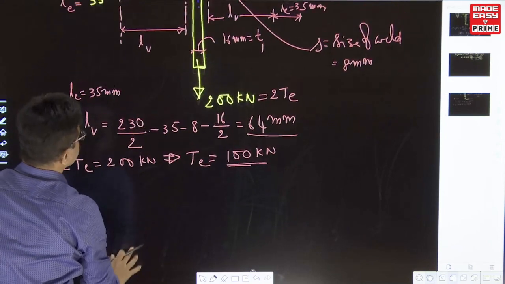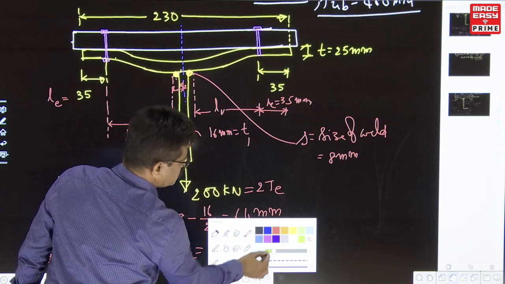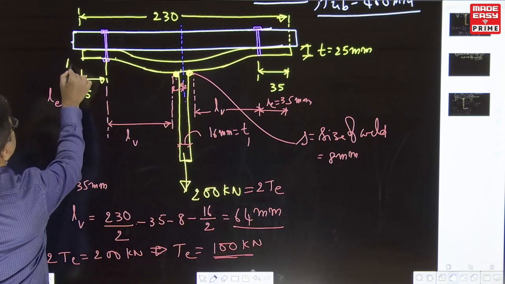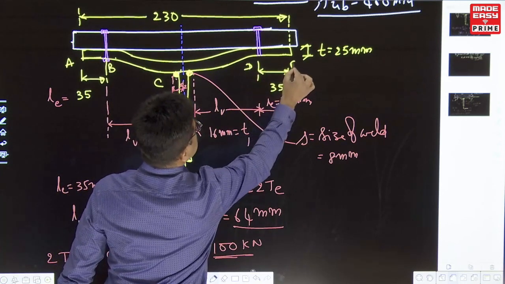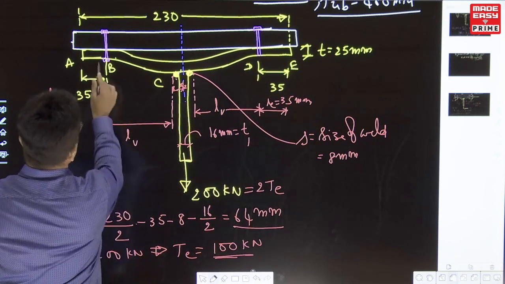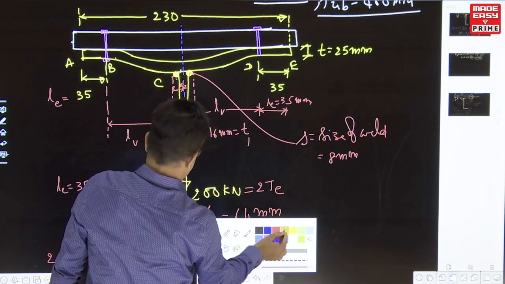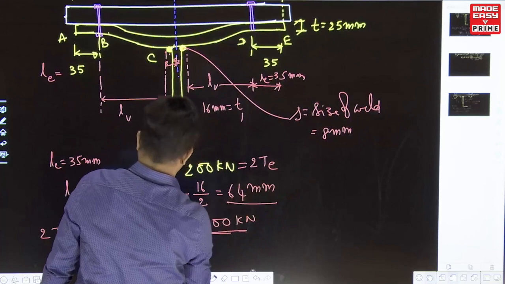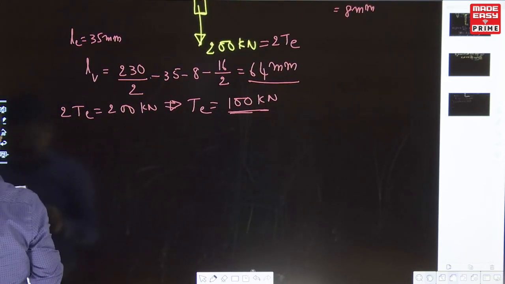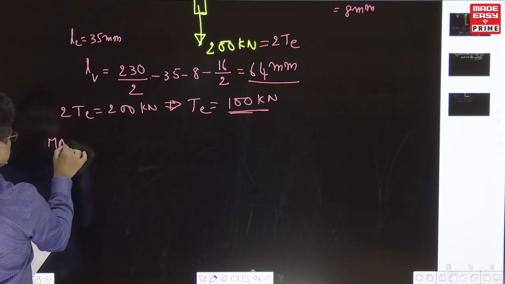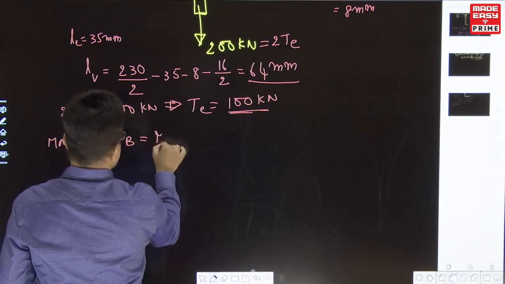Next, moment at B. This is our continuous beam process. This location we will take as A, B, C, D. This end is E. So you want to find the moment at B now. Let us call it MB.